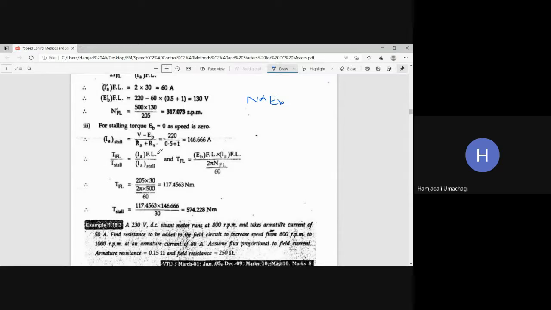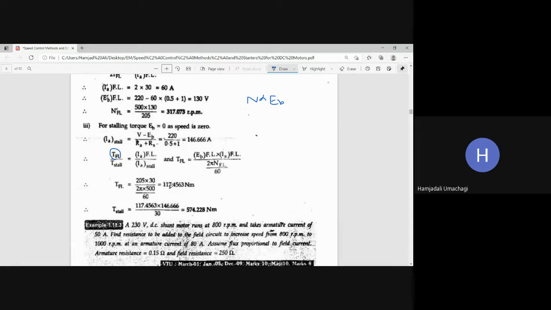Here there are two unknowns, TFL and T stall. So calculate TFL first. This is the torque equation of the motor: EBFL into IAFL divided by 2 pi N by 60. So EBFL is 205, IAFL is 30, 2 pi, and initial speed is 500 divided by 60.